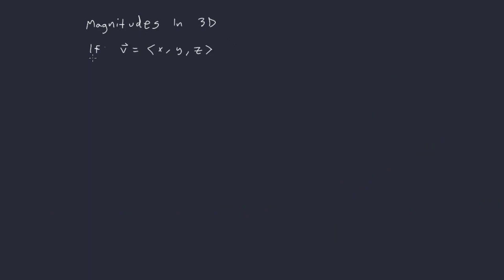Okay, so if we have a 3-dimensional vector here, say v, which is x, y, z, then the magnitude follows the same pattern as we had before: the magnitude of v is the square root of x squared plus y squared plus z squared.